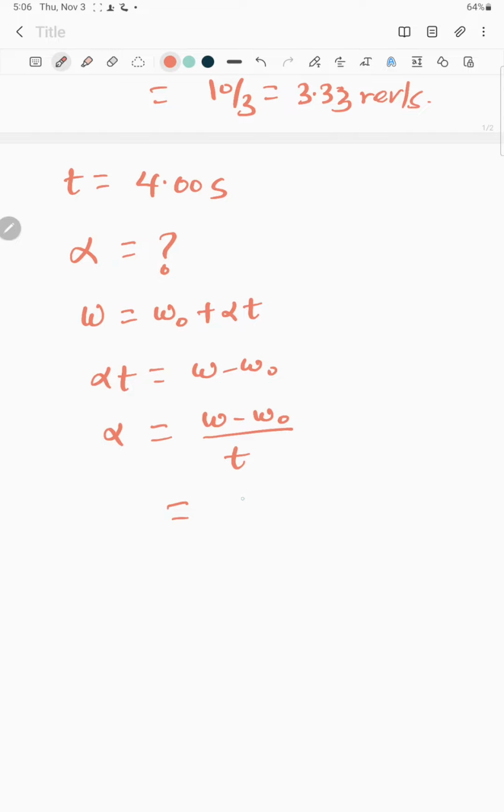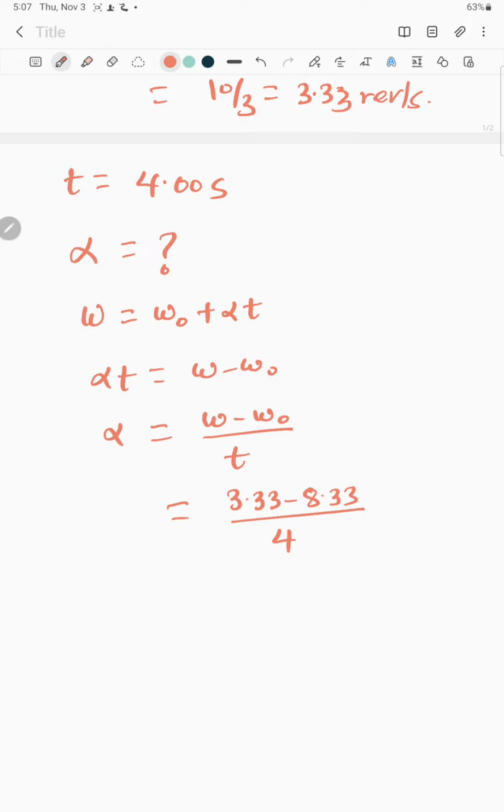Putting in all the values, omega is 3.33 minus omega naught, 8.33, divided by 4. Let me calculate this.